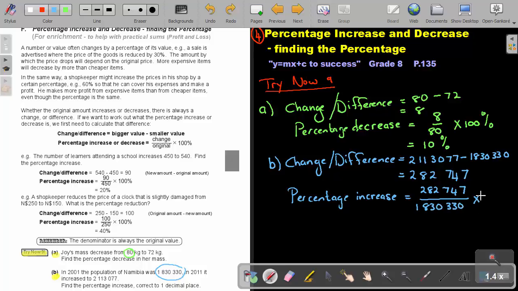And to make it a percentage, I multiply by 100%. And my answer to 1 decimal place will be 15.4. So the population of Namibia from the year 2001 to 2011 increased by 15.4%. And you can end up with a nice sentence.